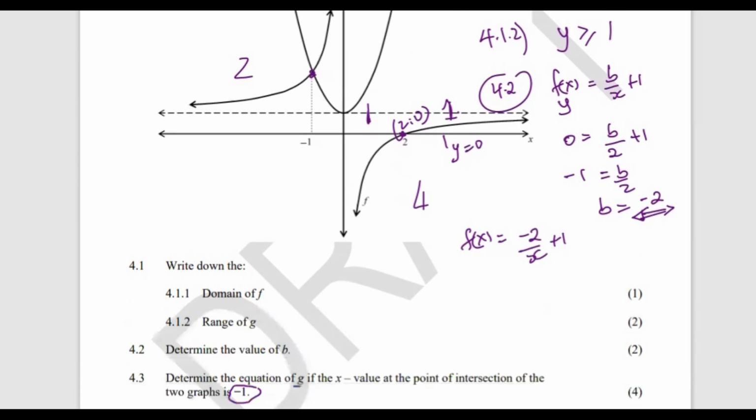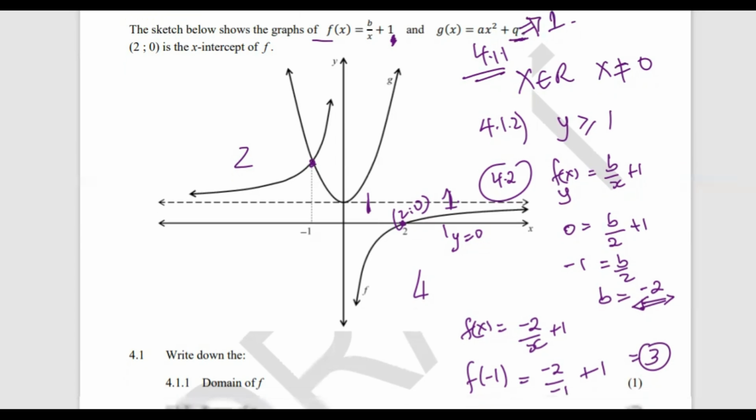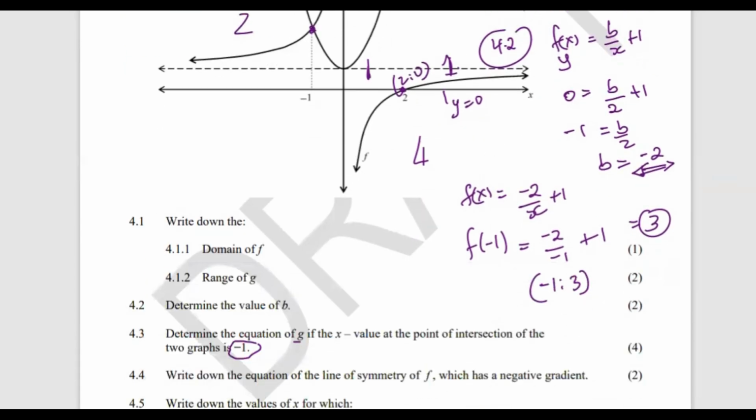If x is negative 1, that's negative 2 over negative 1 plus 1, which gives me a positive 3. So the point of intersection for the two graphs is negative 1 and 3. This is what I'm going to use to get that missing value within g, because I know that q is the y-intercept, which is 1 already. Let me just jot it this side.